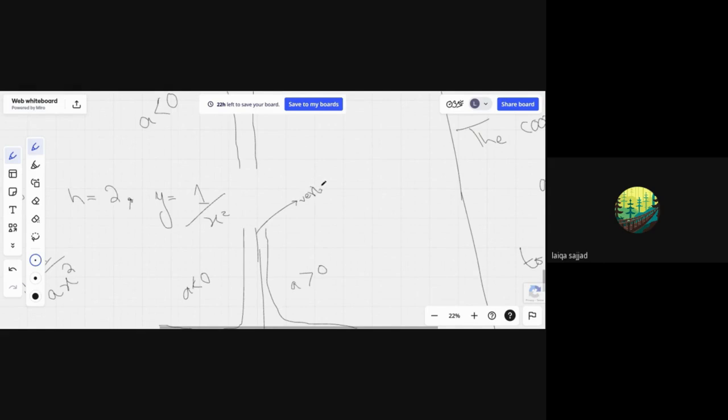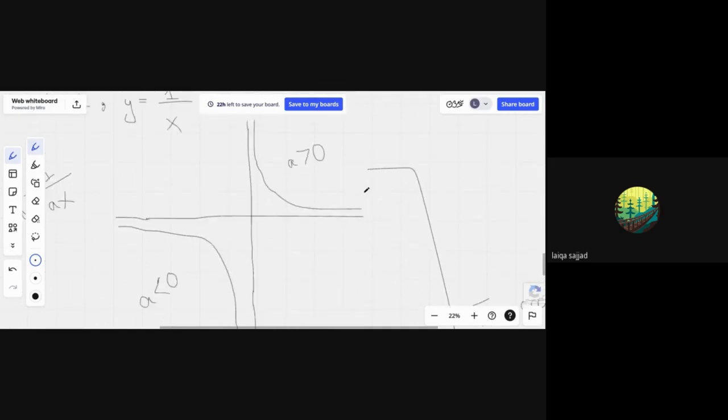The y-axis is what we call a vertical asymptote, and the x-axis is what we call a horizontal asymptote.